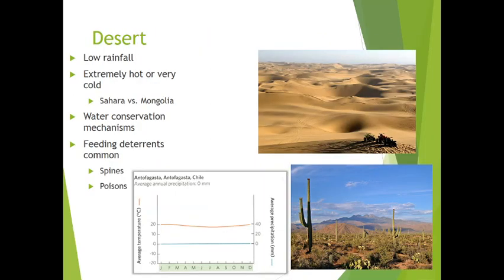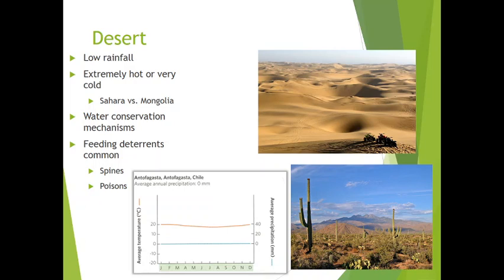So let's move over to the biome with the least amount of water, a desert. Deserts can be hot, they can be cold, right? The Sahara Desert, in northern Africa, is quite warm, but there's plenty of deserts that are pretty cool.